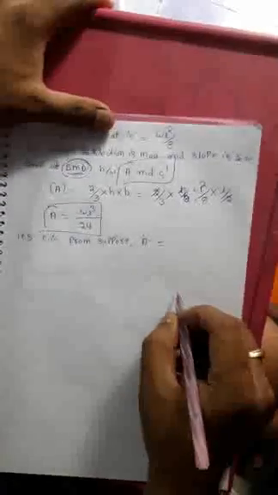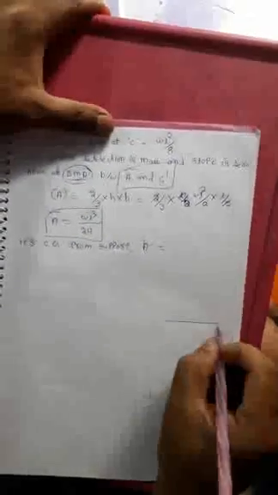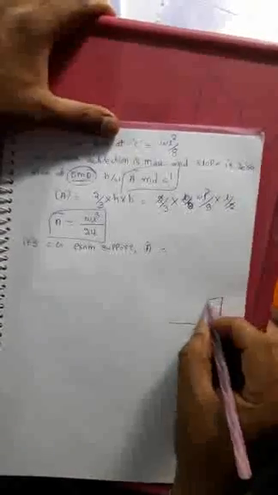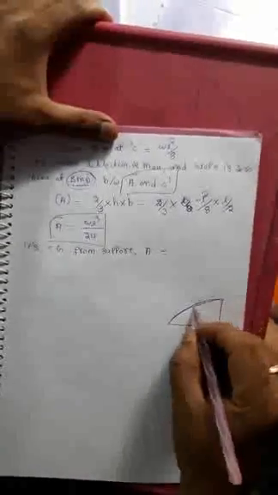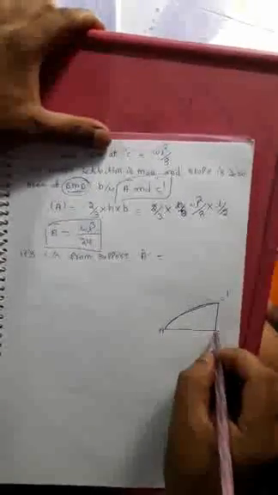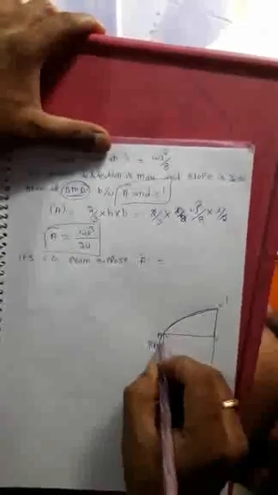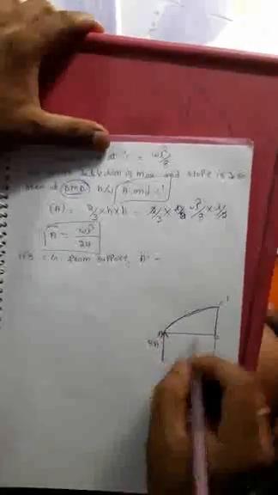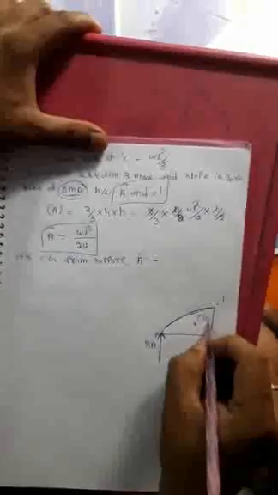So the diagram is this: this is the base, and this is the height, and this is the slope line, and here it is C dash, and C and A. So center of gravity from support A, here is the support A. So this is the center of gravity.